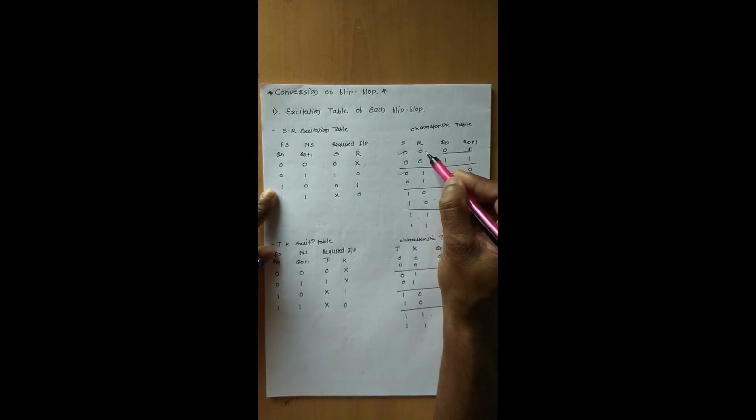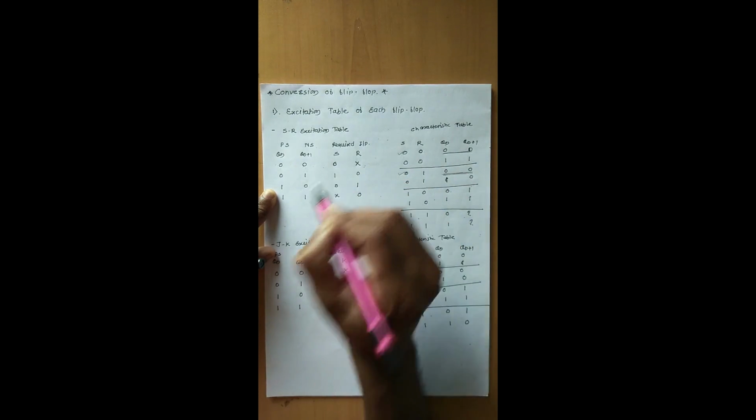Then analyze the second input. This R is 0 but here R is 1, so the reset input, or R input, of the SR flip-flop is going to be changed. If the bits are going to be changed, then we have to write X.